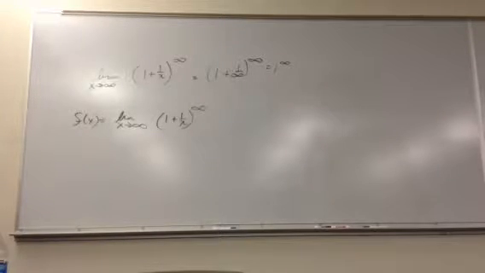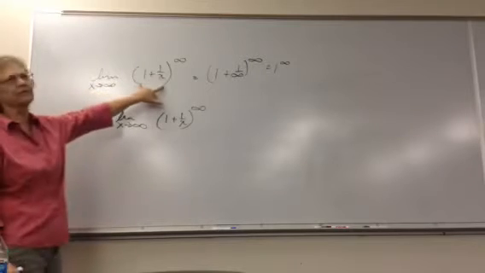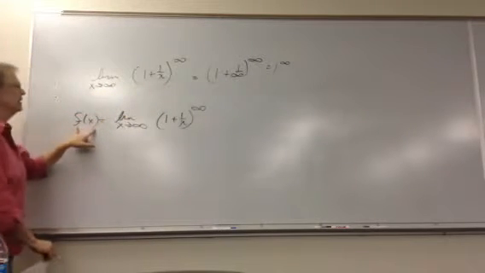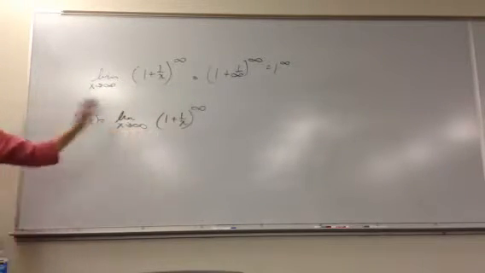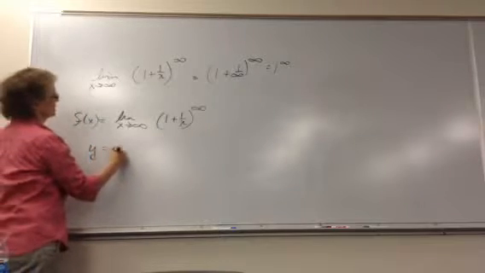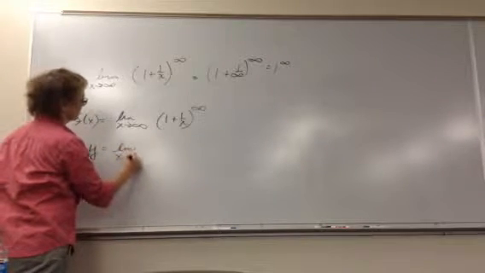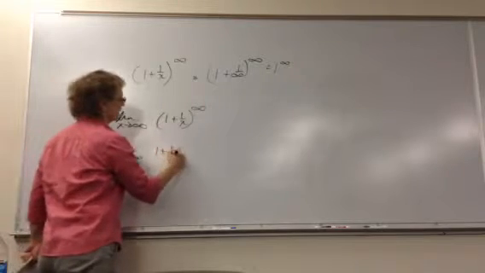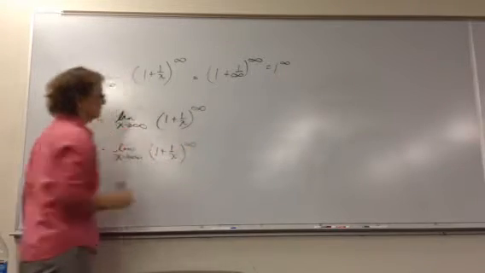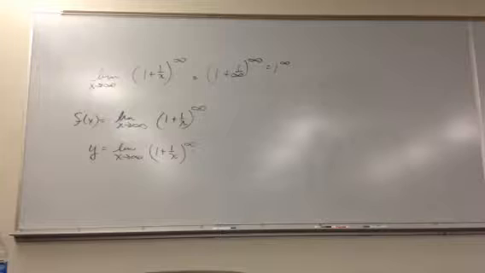But if it makes more sense to you to just name it f of x equals this, that works too. But it's so much easier to write it this way, because then when you take the natural log of both sides, it cleans up a lot more nicely.